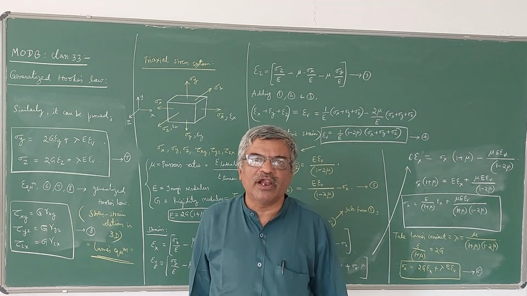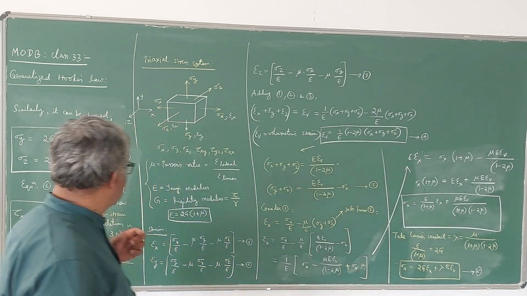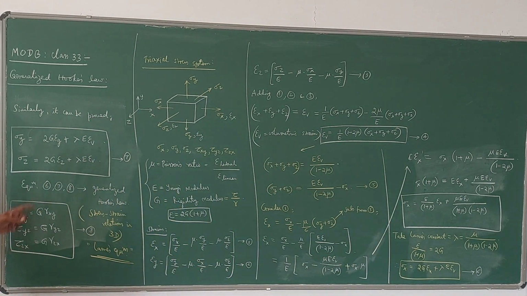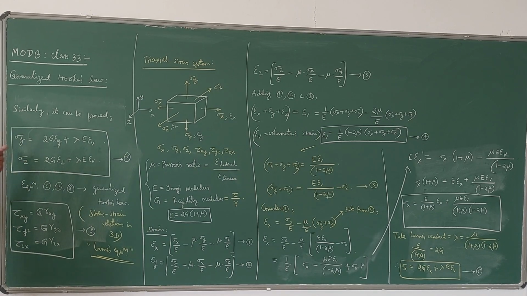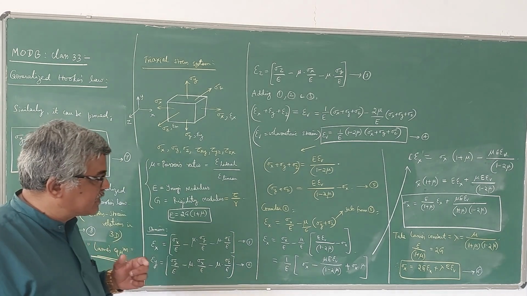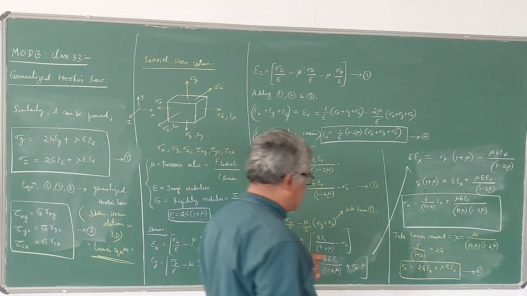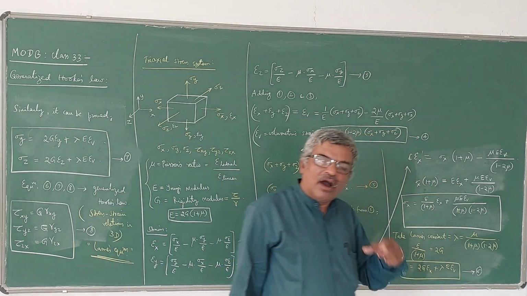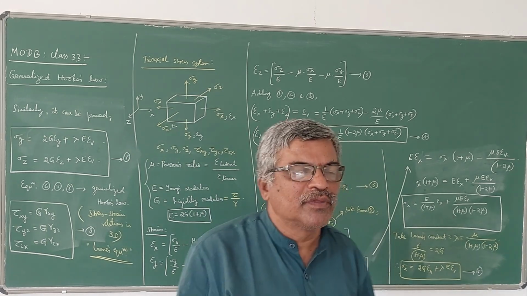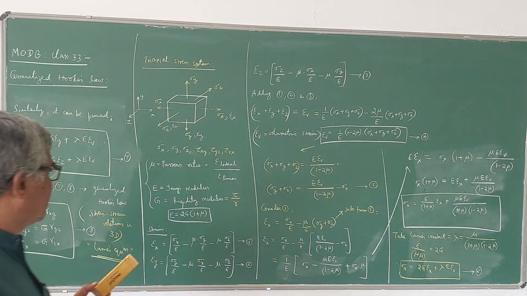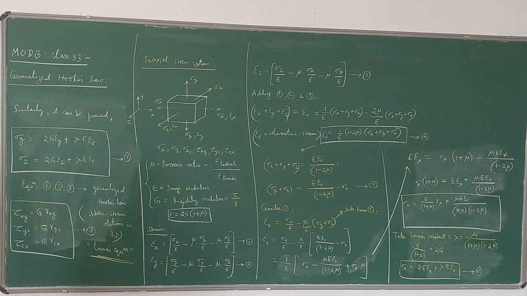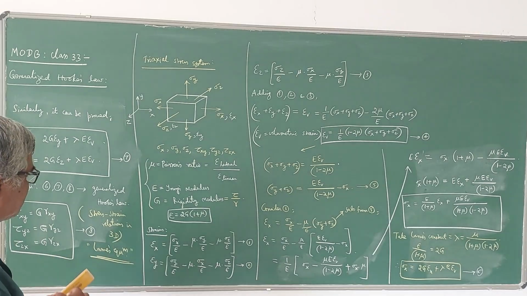Once you find the values of G and lambda, we can substitute them in these equations to get the stress values by knowing the strain values. So by knowing stress or strain, you can find out strain or stresses. This is how we can use the equations to find the stress strain relationship.